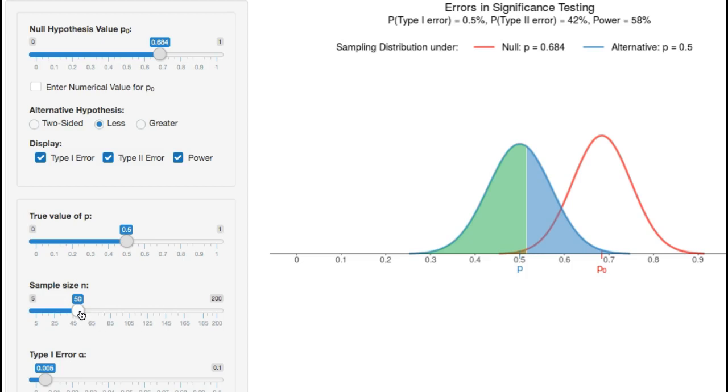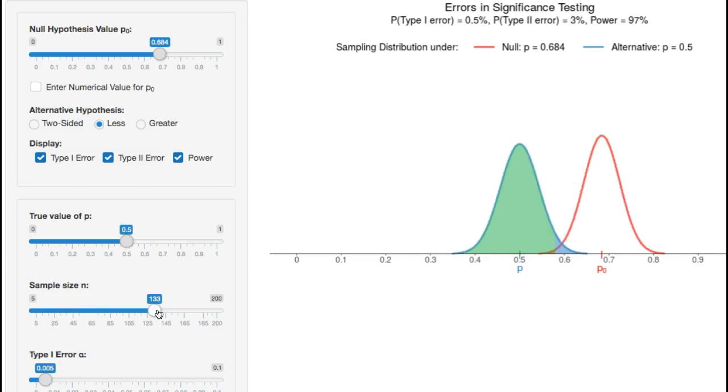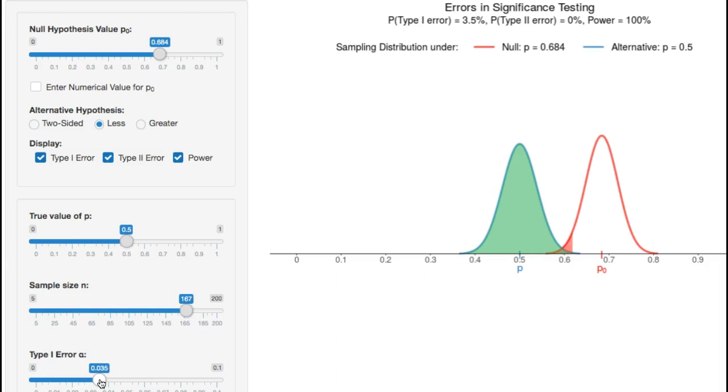You can play with this applet and it'll help you understand these relationships between power, alpha, beta, and also you can change the sample size. As you increase sample size, you're going to see your curves are getting thinner and thinner. They're shrinking their variability. Let me make this 0.05.